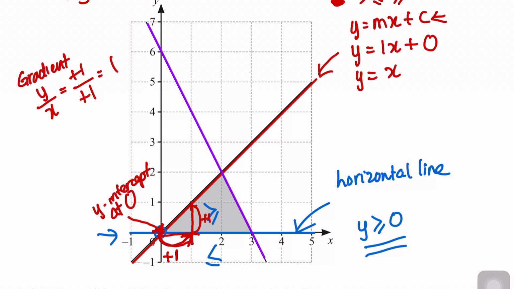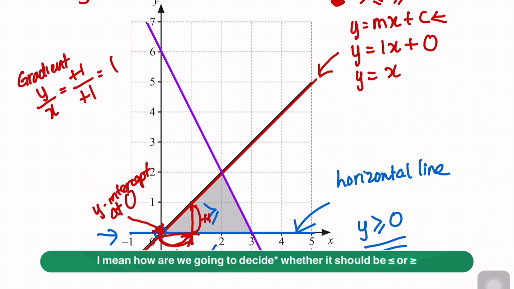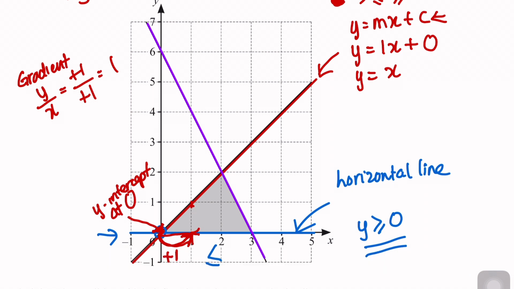But since this is an inequality, we don't want the equal sign. How are we going to decide whether it's greater or lesser than? Okay, let's see the graph here. So this is the line.